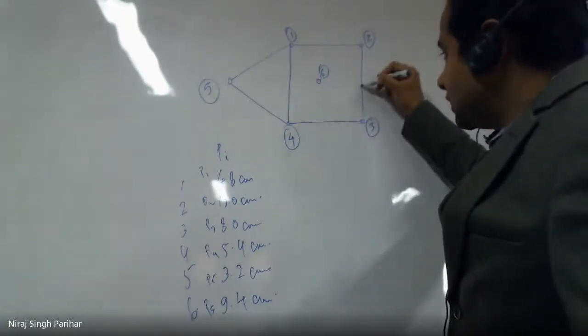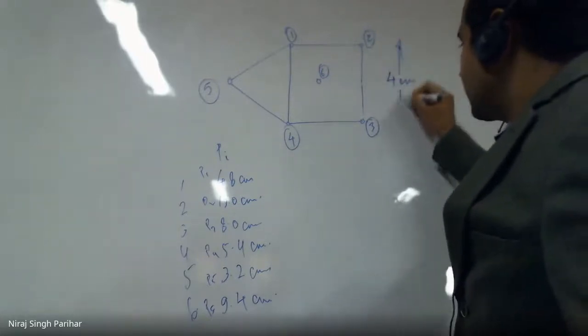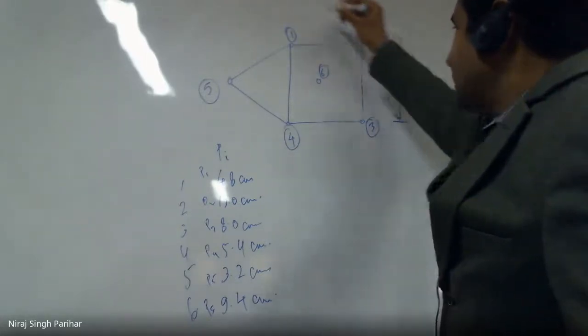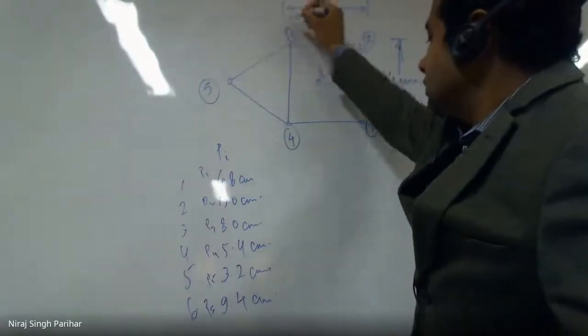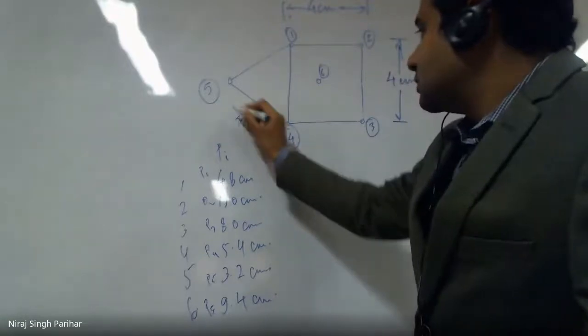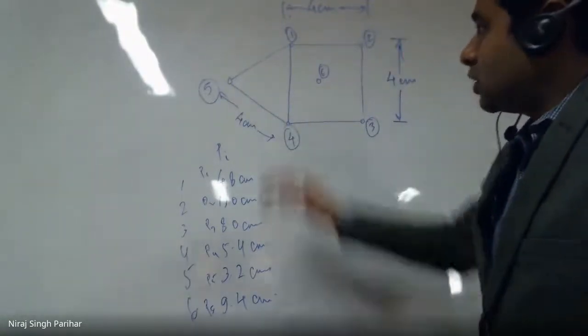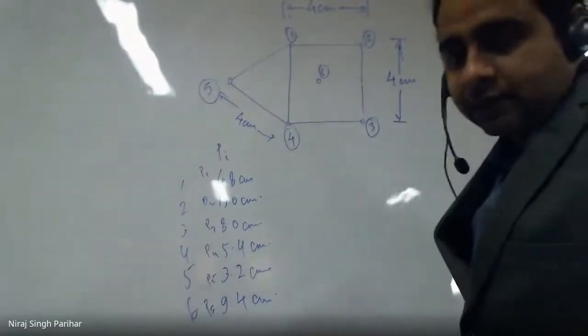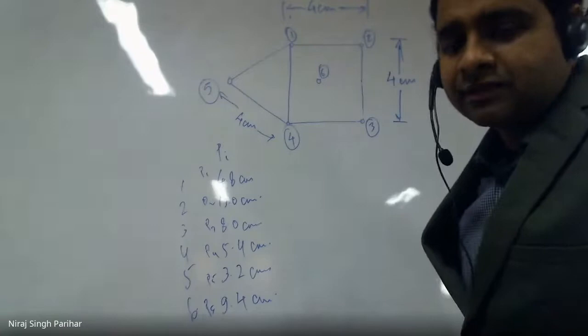So all the sides here are 4, and this also is 4, so this is a square. This also is 4, so this will be an equilateral triangle and this will be a square. So we have divided this area. Now it is a very simplistic figure.